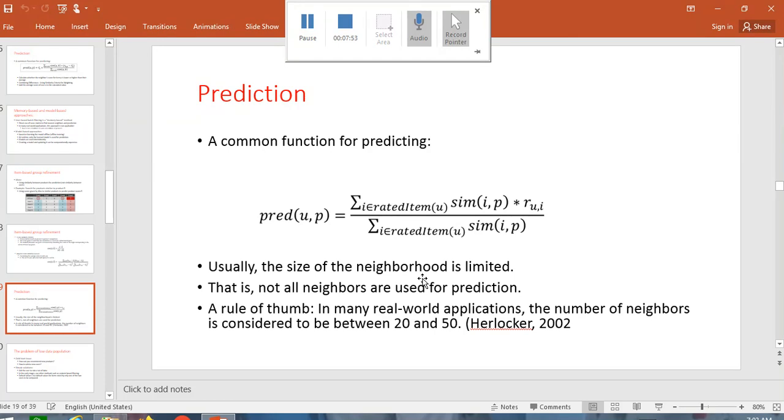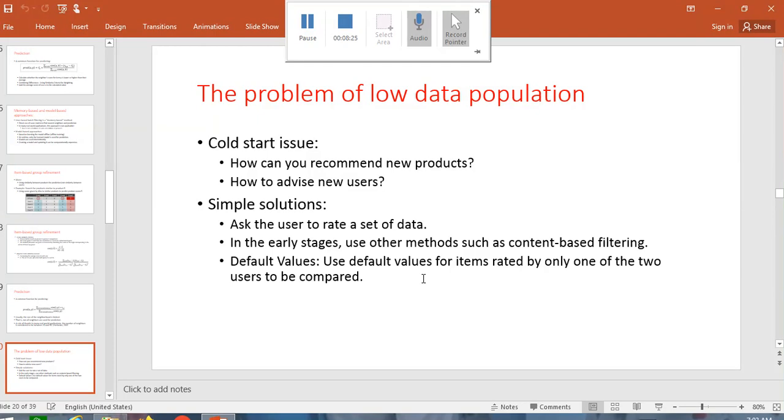One solution is that the site forces the user to give a series of points when he or she enters the site for the first time, so that we can get some information about his or her tastes. The second way is to use other recommendation methods in the starting moments, or default values can be used.